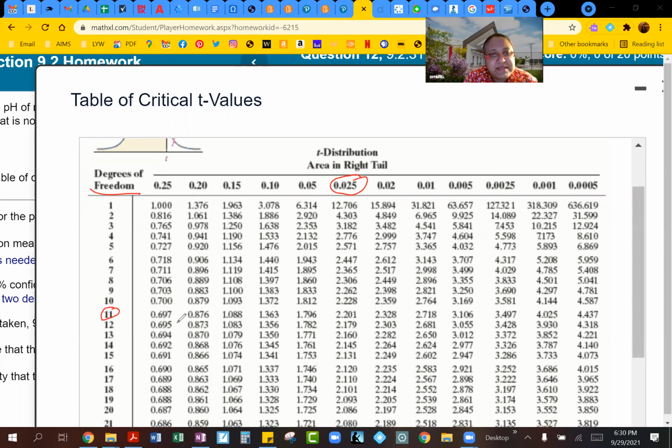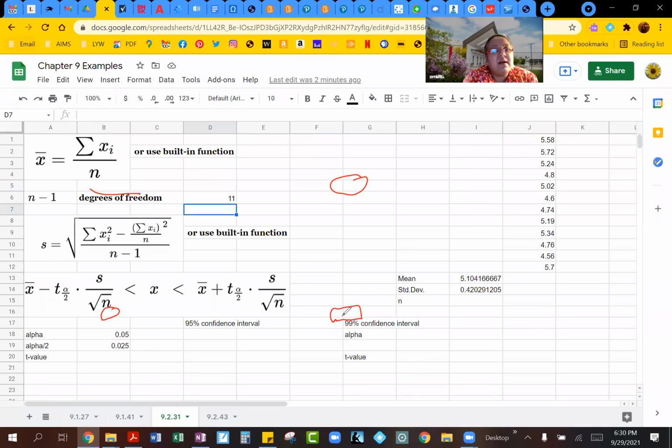So you need to see where those two rows and columns come together. And it looks like it is 2.201. Just making sure I'm on the right path. So 2.201. Let's transfer that over here. 2.201 is our T value.